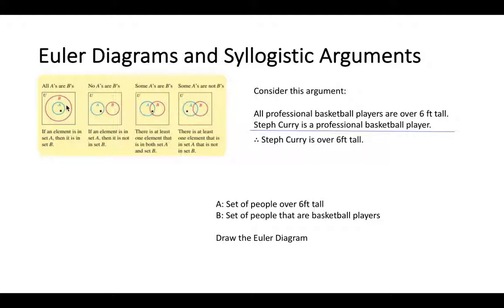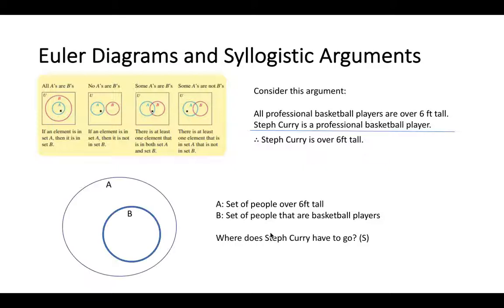Which of these diagrams would you use to represent this situation? Hopefully you picked the diagram that shows the set B contained in set A. Because remember, we have to assume that that premise is true, which says all basketball players are over 6 feet tall. Now, where does Steph Curry have to go?